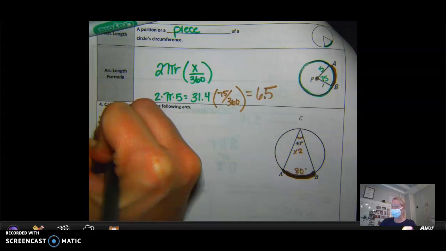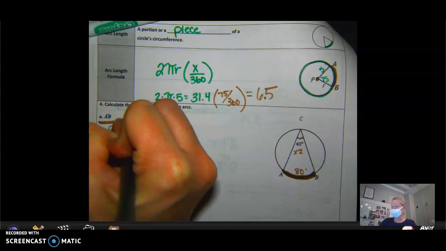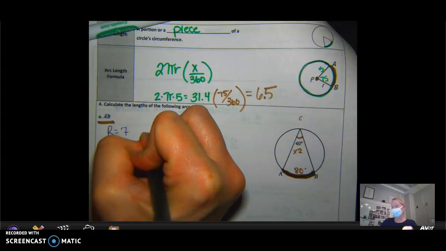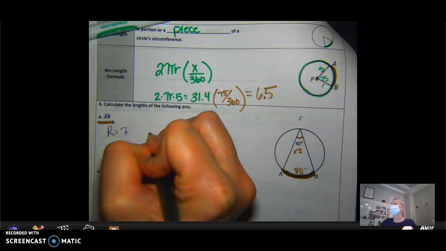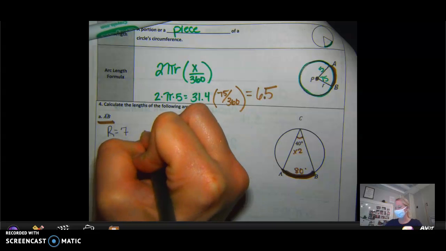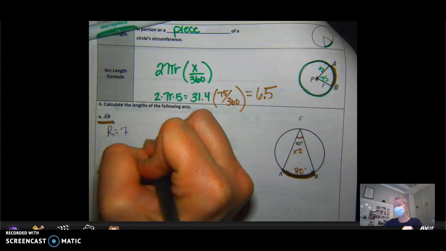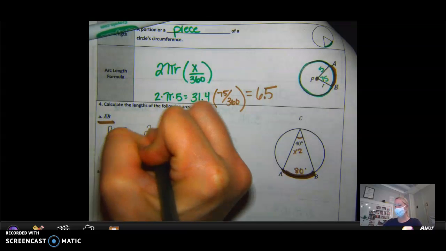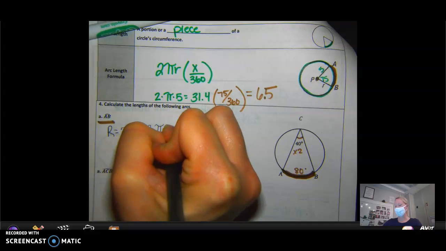Yep, we're going to say that the radius is equal to 7. I'm making that up. Sorry. How long is the radius? I meant, how do I find circumference? 2 times pi times 7, right?